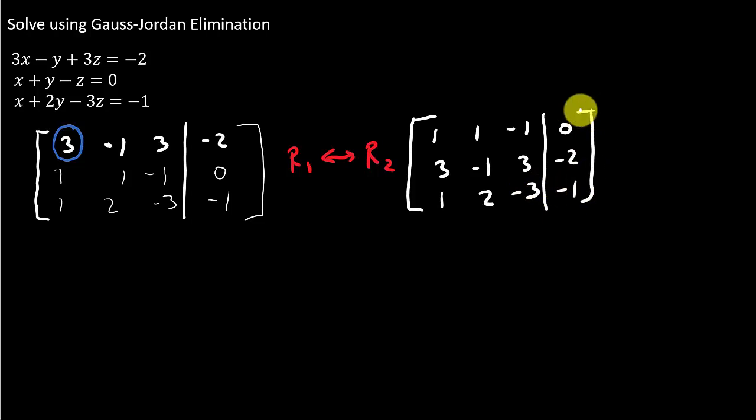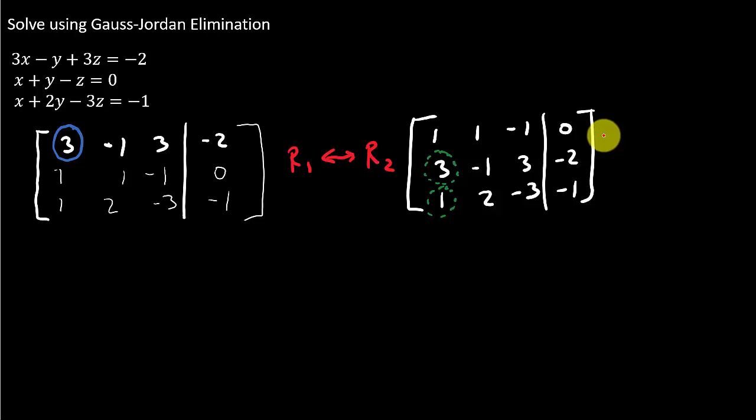So we swapped the rows. Now what we want to do is get a 0 here, and we want to get a 0 here. Okay. So let's go ahead and write down what we need to do.